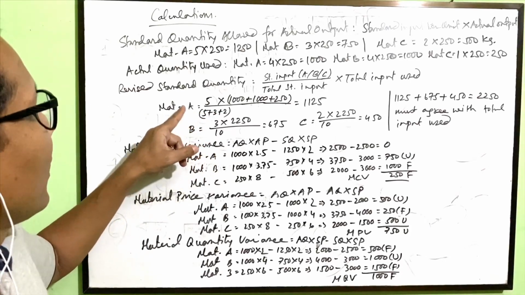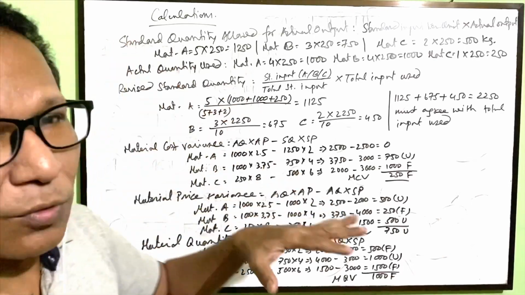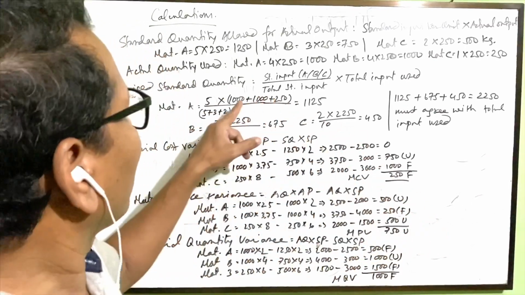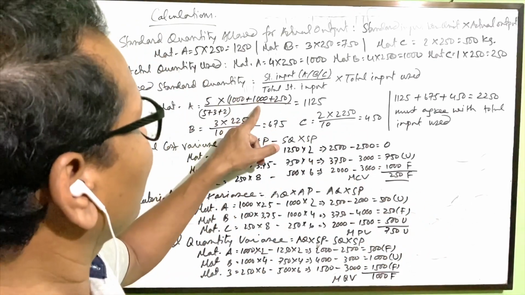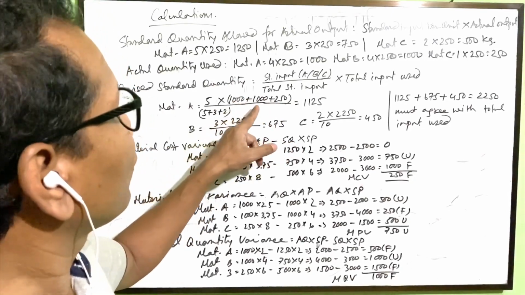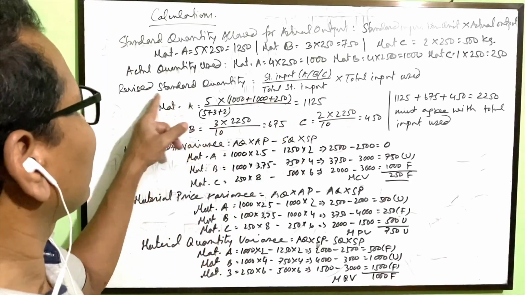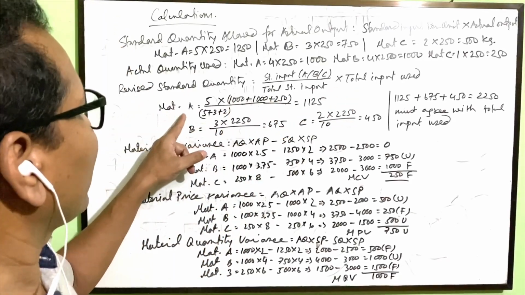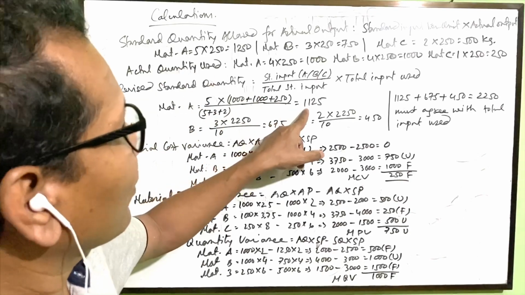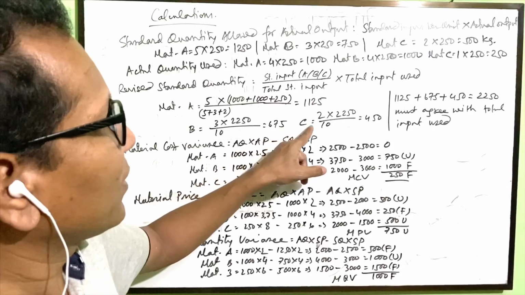Out of 10 kg, material A requires 5 kg. The total inputs used were 1000 for A, 1000 for B and 250 for C, so total input is 2250. So the revised standard quantity for material A will be 1125, for B 675 and for C 450.